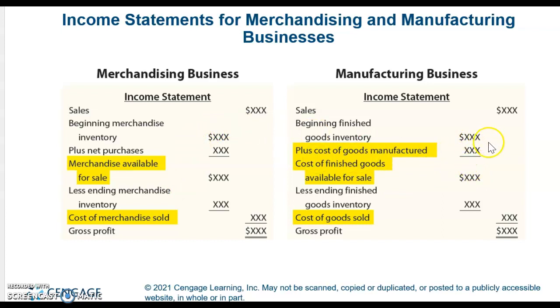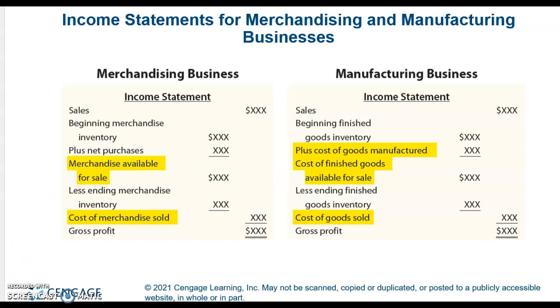So what's already there plus what I made during the year, and that's going to give me my amount available to sell. Subtract out anything still in finished goods to get to cost of goods sold. So it's a similar situation here, except here I'm making the goods. Over here I'm just purchasing the goods and turning around and selling those.